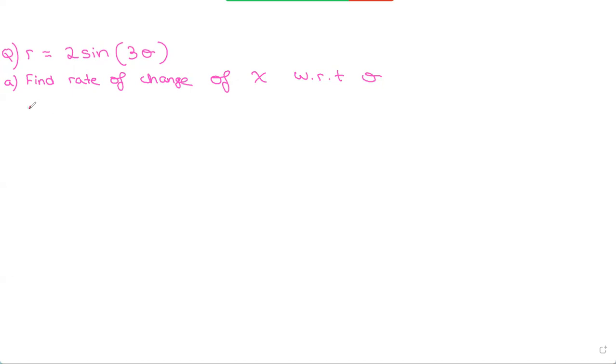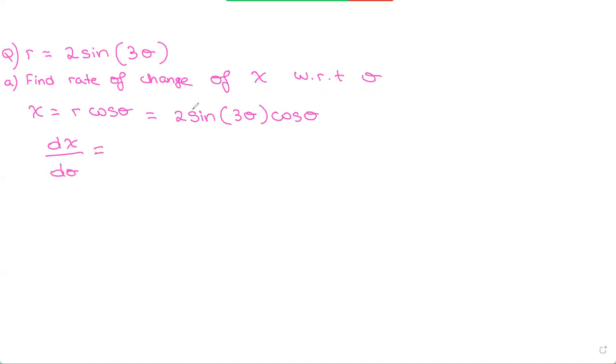So what we know is x is equal to r cosine theta, and we know that r is 2 sine 3 theta. So r cosine theta would be this times cosine theta. Now we know this is our value for x in terms of theta. For rate of change, we find dx over d theta.